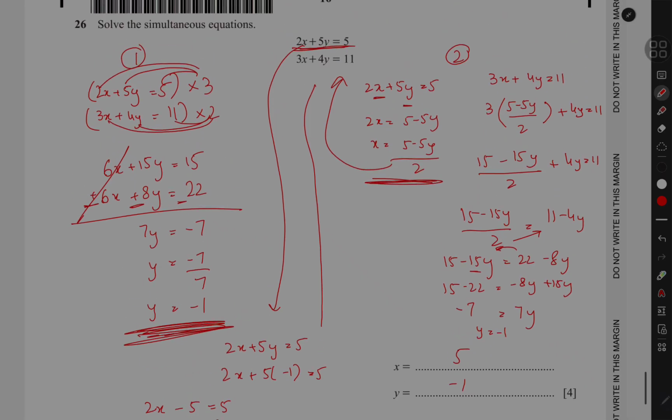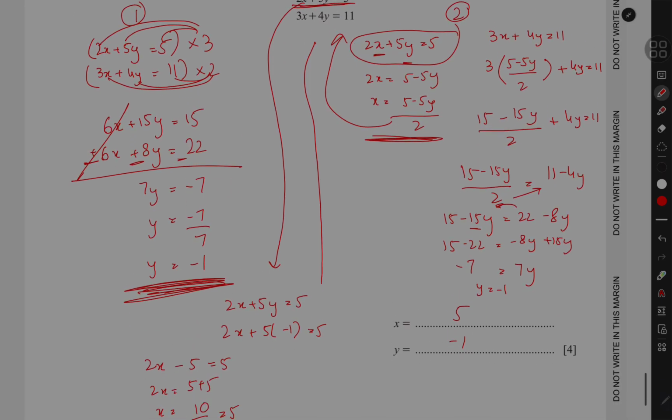Same as before. Now I can just use this equation, 2x plus 5y is equal to 5, and plug in the value of y over here. 2x plus 5 times minus 1 is equal to 5. 2x minus 5 is equal to 5. 2x equals 5 plus 5. x equals 10 over 2, which is equal to 5.